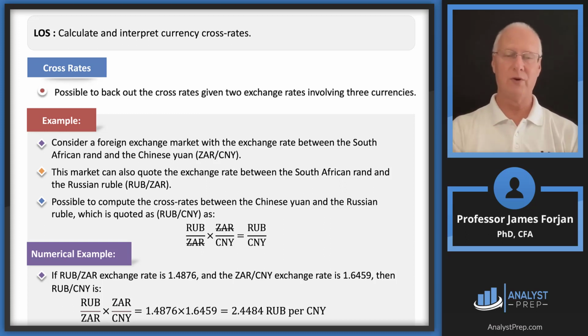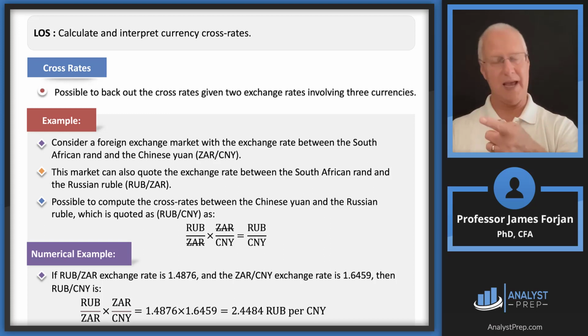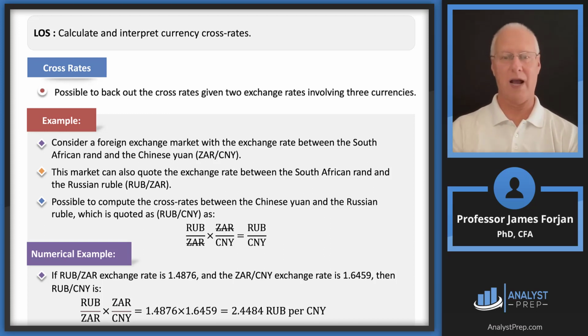So what we want to do is arrange the math so that the ZARs cancel, and we're left with rubles per yuan. And that 3rd diamond point just shows us that. So put the RUB per ZAR, multiply that by ZAR per CNY, the ZARs cancel. You can see the math right there.